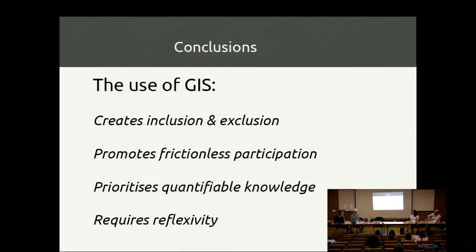This is our conclusions, and it's based on one case study, so it's probably not true for every public participation GIS project that has been done. We want to point out that it can create some inclusion, having in mind that some classic participation processes can also be exclusive.